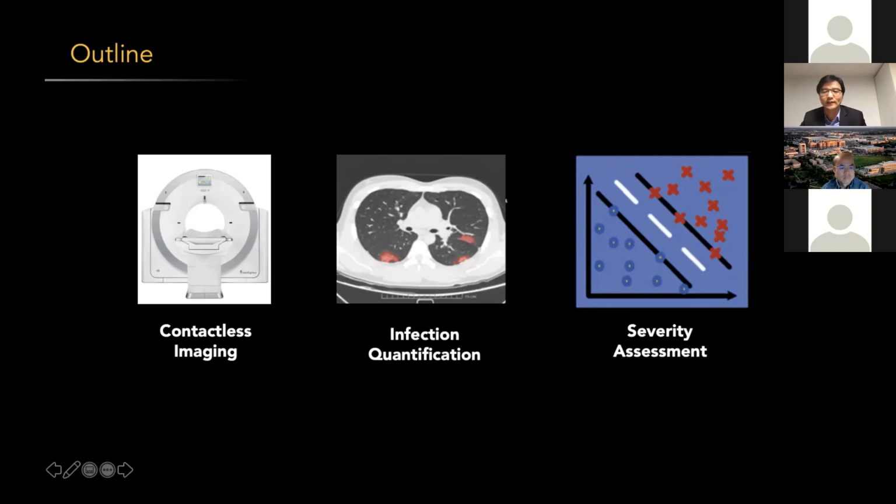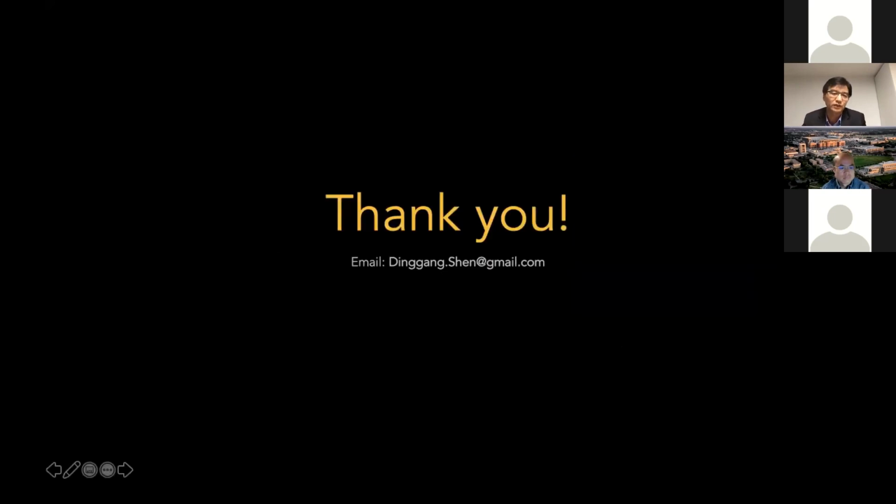Then all the errors in each step can be jointly optimized. In this way, I believe deep learning will usually perform better than the traditional algorithm, particularly if the traditional algorithm is separated into different pieces. For example, segmentation is one algorithm, feature extraction is one algorithm, classification is another algorithm. If there's no communication between them, then their performance cannot be optimized. So thank you. This is my talk.